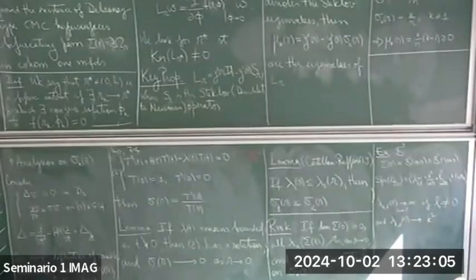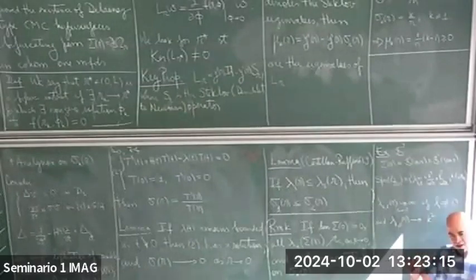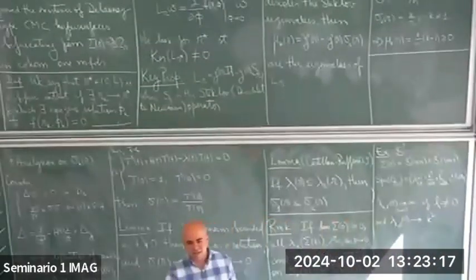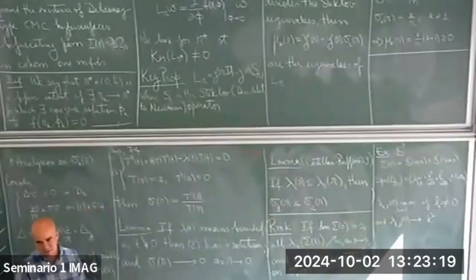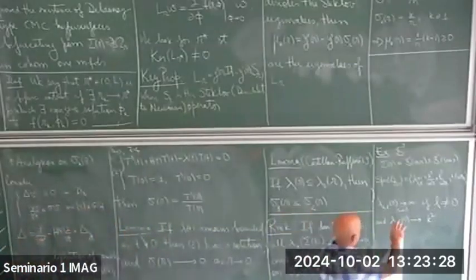More or less, under some suitable hypothesis, this is the general case. Some eigenvalues converge, very good, and that's nice for us. More or less, it implies essentially bifurcation.